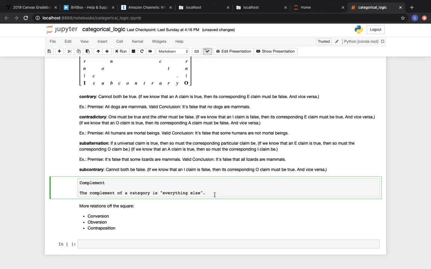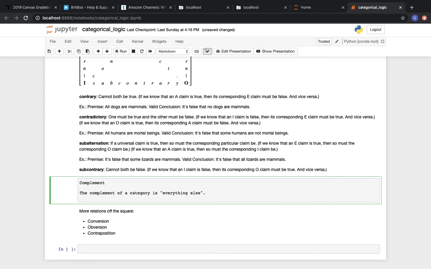If I'm talking about atoms and then I consider the complement of atoms, well, do I mean literally everything else? That would depend on contextual clues. But one thing that you can always do to be safe, if you're not sure about what the opposite or everything else might mean, is just to use the word or the prefix non.